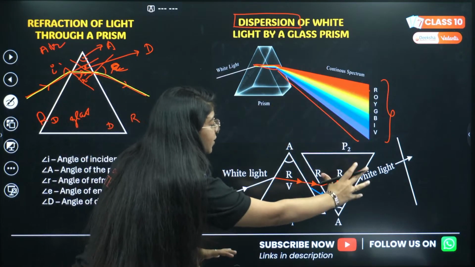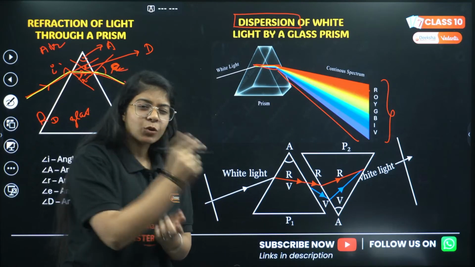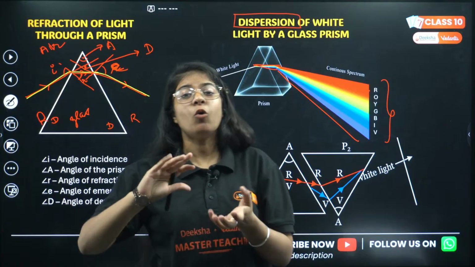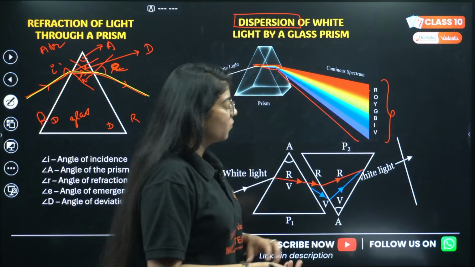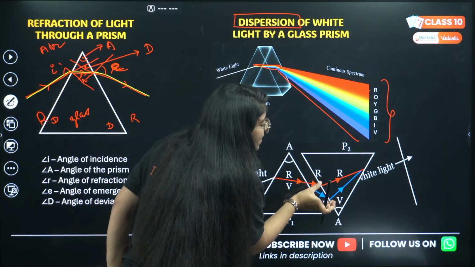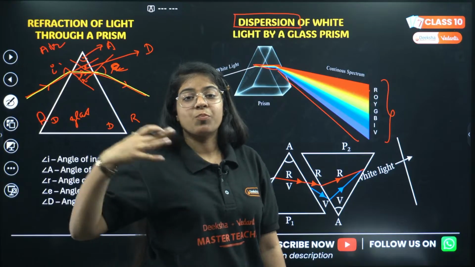If I put another prism in front of the dispersed light, but the twist is that the prism is now inverted, what will happen? White light was dispersed into 7 colors.